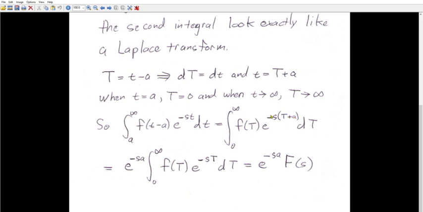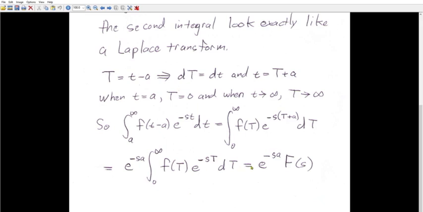And now notice this is e to the minus sT times e to the minus sa, and we just factor that e to the minus sa out of the integral. And what you can see here is this is the Laplace transform of the function f. It's just with the dummy variable capital T replacing the variable little t, but it integrates out of the problem.